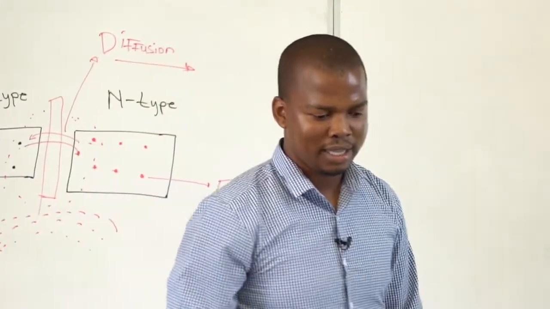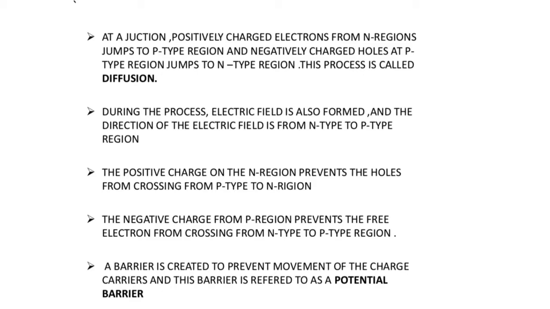Going forward with our lesson, the positive charge on the N region prevents the hole from crossing from P-type to N-type.